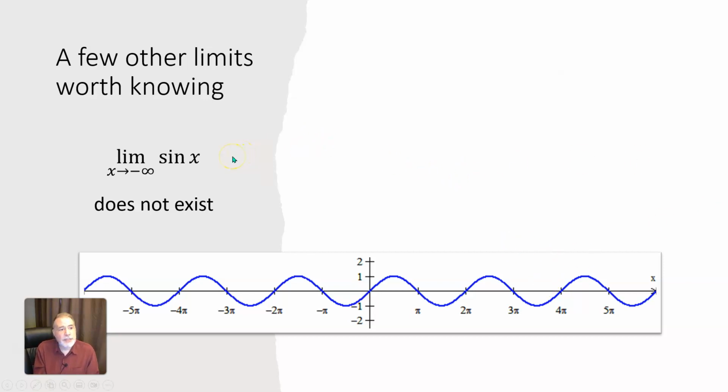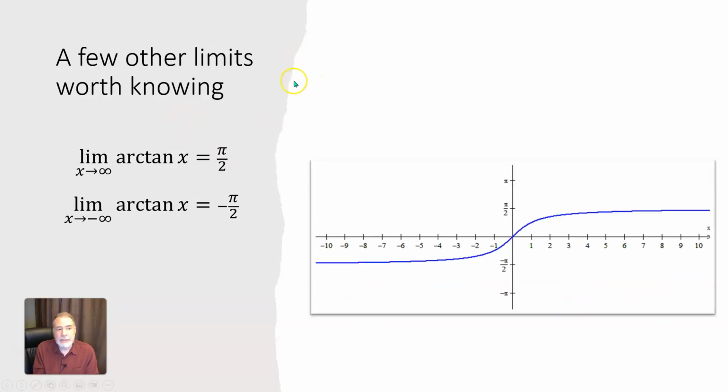Same thing with the limit as x approaches -infinity, going off to the left. That limit does not exist. And we could say similar things for the other trigonometric functions. The limit as x approaches infinity of cosine x or tangent x does not exist. One limit that does exist is the limit as x approaches infinity of the arctangent function, the inverse of the tangent function, and that limit is pi/2.